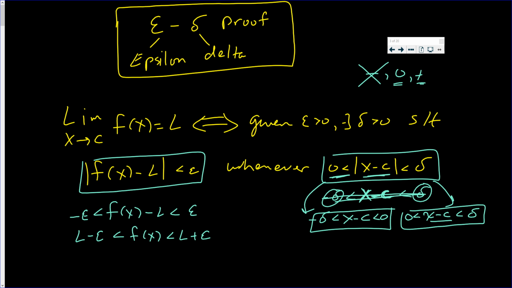Now, adding c to both sides, x is bigger than c minus delta, and x is less than c plus delta, but x is bigger than c and not equal to c.